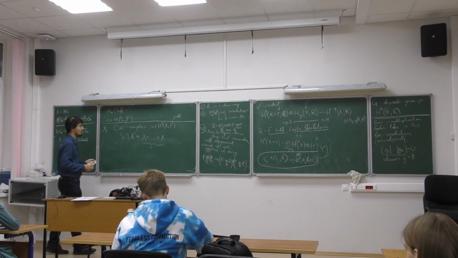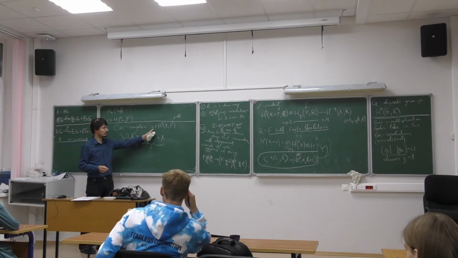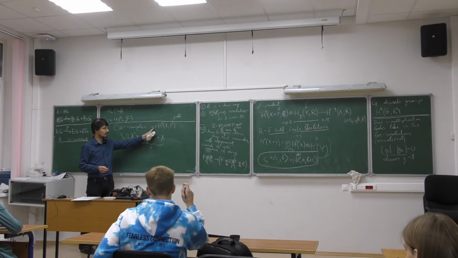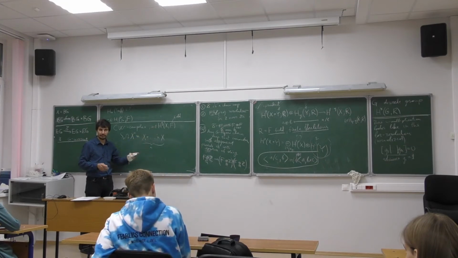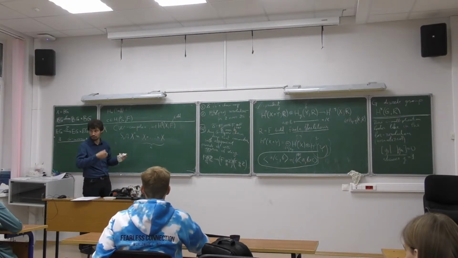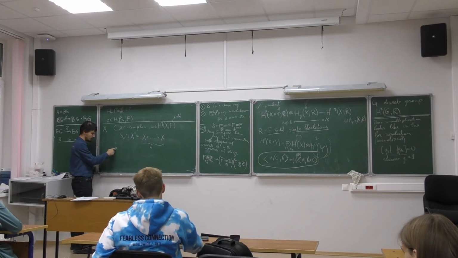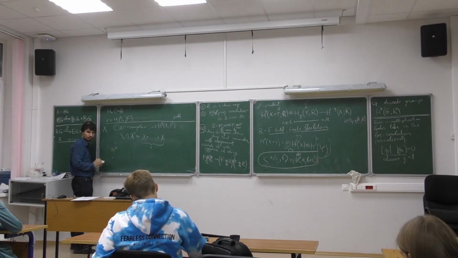When we have a cohomology class, we immediately obtain the nth power of this cohomology class with respect to cross multiplication.